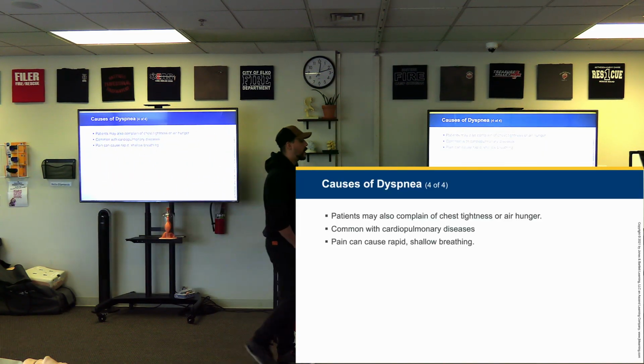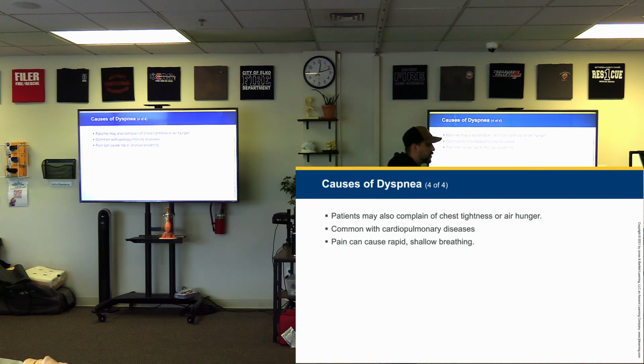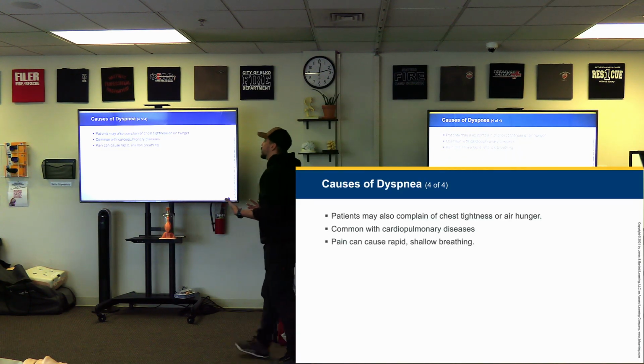Okay, now this is not uncommon with cardiopulmonary diseases, which there's a plethora of, and we're not going to talk about that. If you're curious, check out the cardio lecture. But things like CHF, congestive heart failure, right? That's a cardiopulmonary. It implicates both of them because one organ is failing. Now, one other thing to consider is chest pain, right? If someone breaks a rib, it's going to hurt to take that big breath. It's going to hurt to expand the chest.